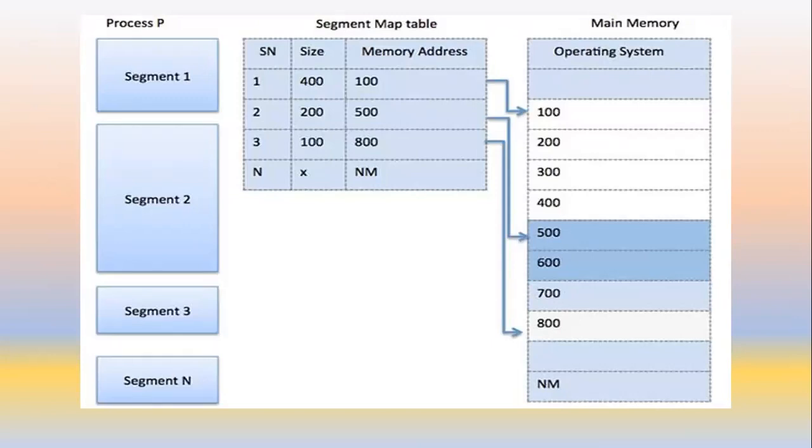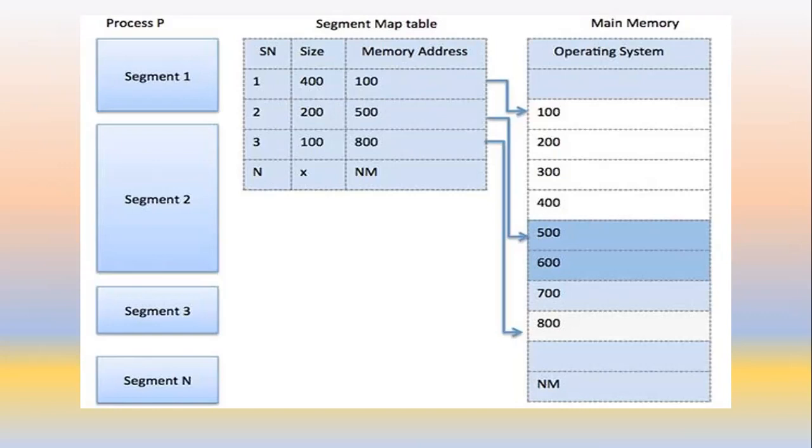We have segment 1, segment 2, segment 3, and any other segment, segment N. Each of these segments has been represented using a segment map table, which has been serialized from serial number 1 to serial number N.